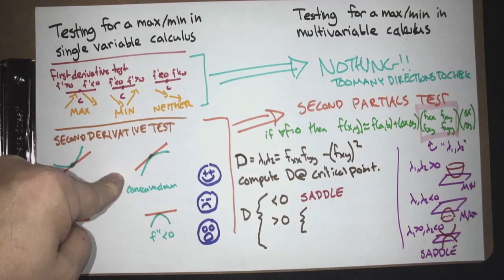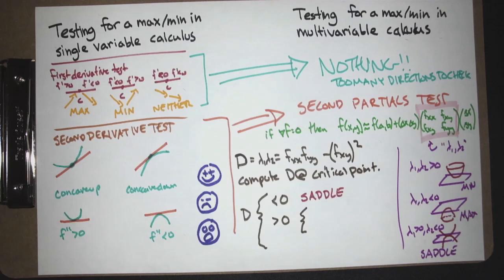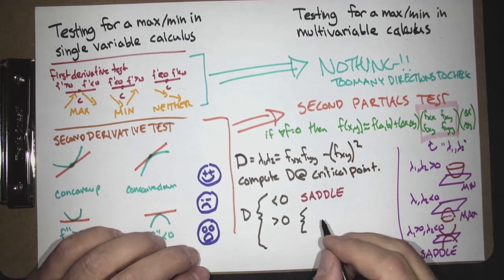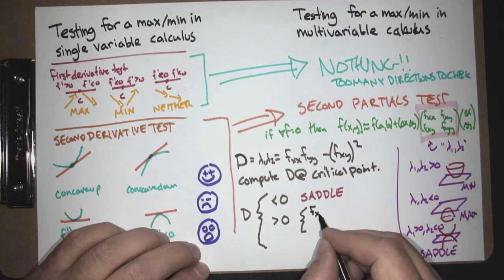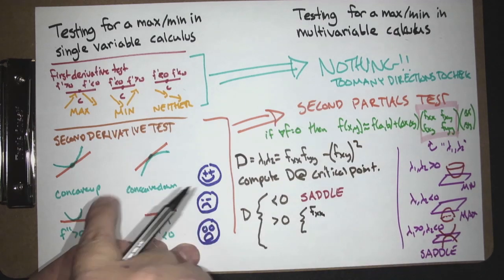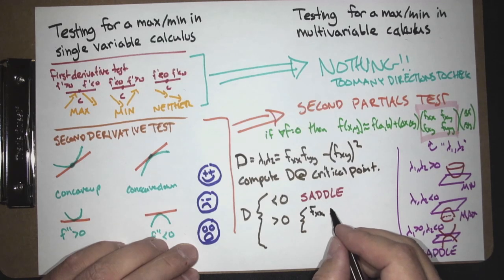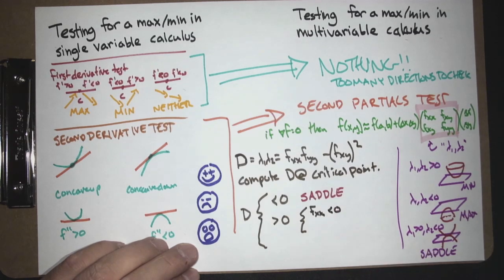Because we have a test. We're back down to the single variable test. So what does the test say? Well, look at fxx. Now, if fxx is negative, so we're back in single variable, min or max?